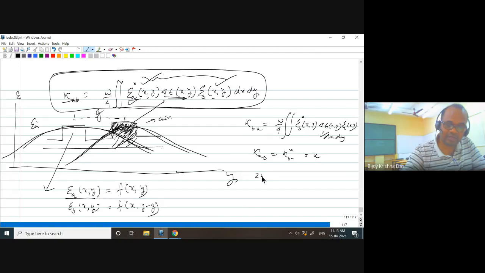It should be beta over 2 omega mu, times the integration, for waveguide A, of the field squared dx dy.